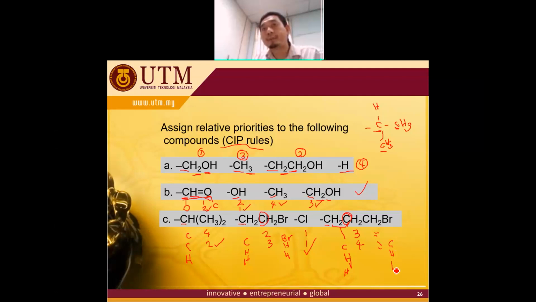Using the same principle, we compare the highest one, carbon and bromine. Bromine has a higher atomic number than carbon, so we get number 3, and then this one number 4. So the second answer is correct: 1, 2, 3, 4. Agree?